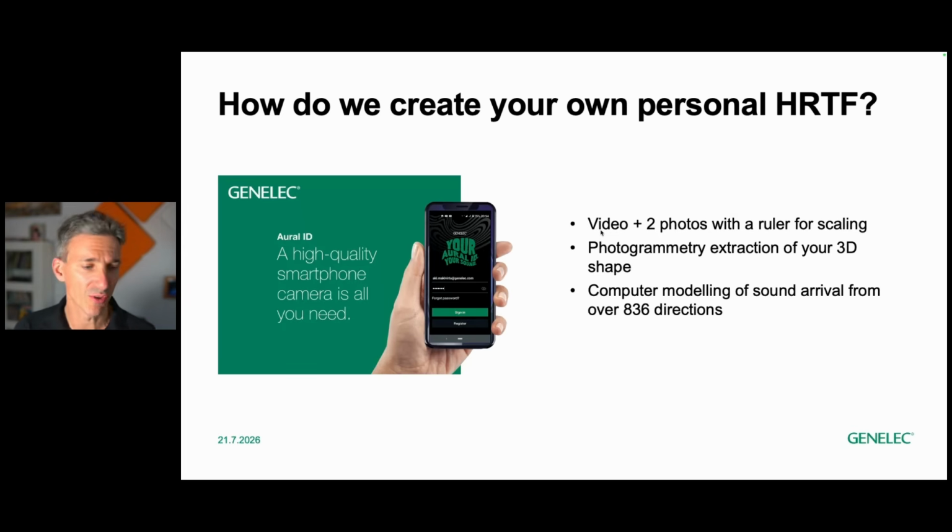And then we use photogrammetry. This is the way you can extract from a video, which is 3-dimensional and offers a lot of different angles, a 3D model of the subject you had been filming. So our application, for example, also shows you exactly what you should do.